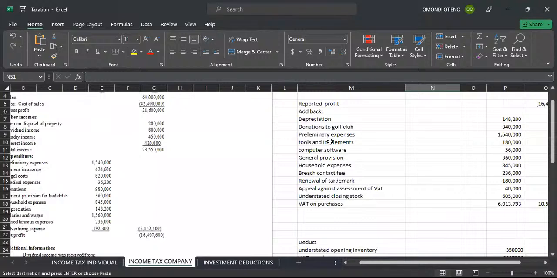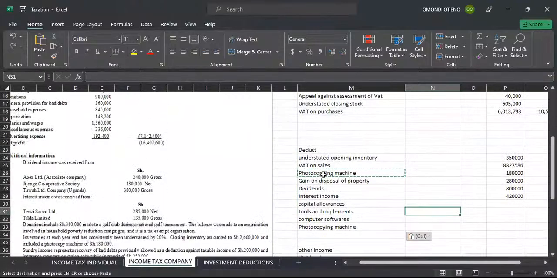If I give you a standard thing that all fixed assets are supposed to be added back, then you add back this photocopying machine. Are you able to see the mess that you are going to get yourself into? Yes. So just look at how that information has been used when computing the accounting profit of this particular company. So from that point, you'll be able to interpret.